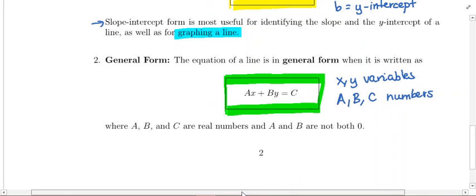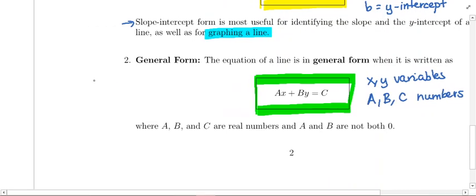So if I gave you, I'm just going to make something up, 2x minus 3y is equal to 4, this is a line. It fits that format, ax plus by equals c. Here a would be 2, b would be -3, and c would be 4.